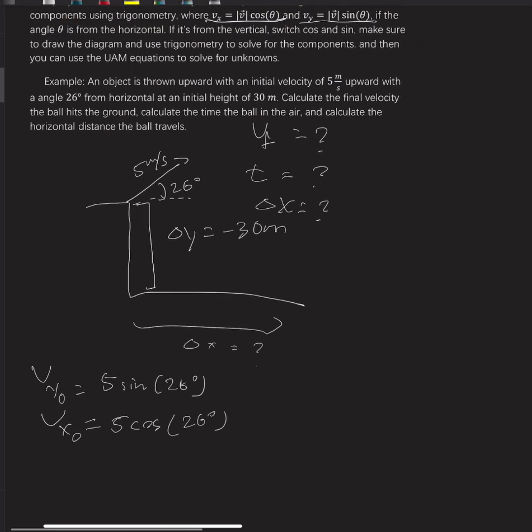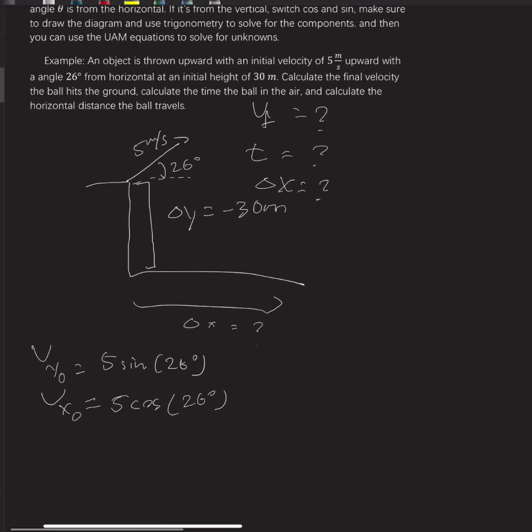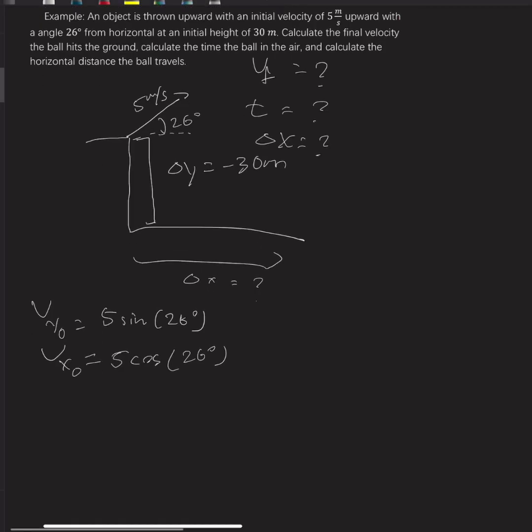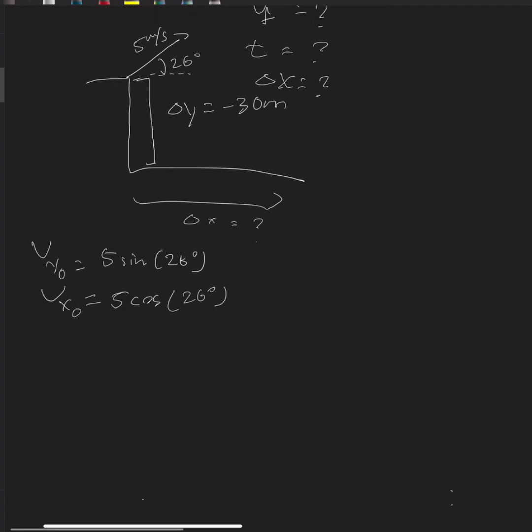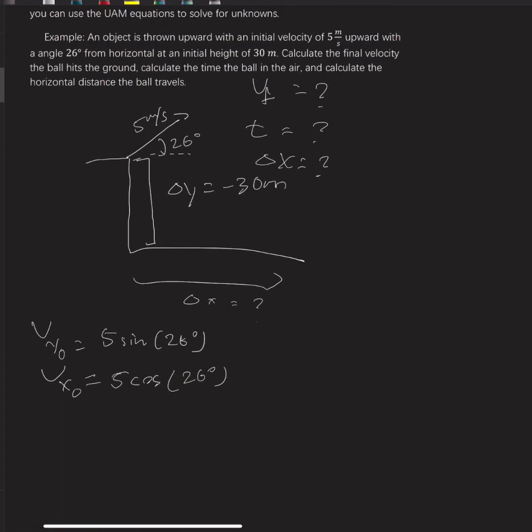So now we can use UAM equations. It's the same situation as the last question, where there's no time given, but we've got the final, initial, the acceleration in the y direction and the displacement in the y direction, which means that we can use the third UAM equation to solve for the final velocity.